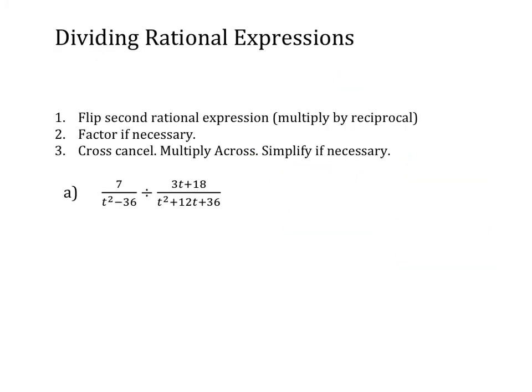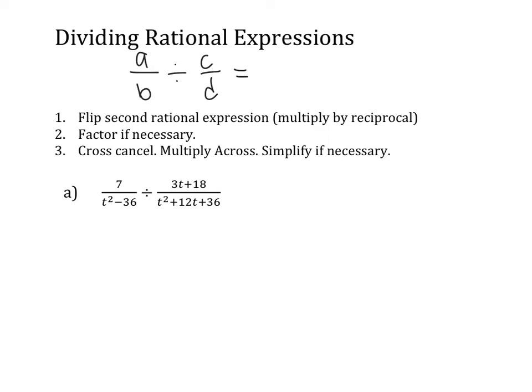Dividing rational expressions is pretty much the same thing as multiplying, except we're multiplying now by the reciprocal of the second one. So, to give an example, if we have a over b divided by c over d, we're looking at a regular fractional example.